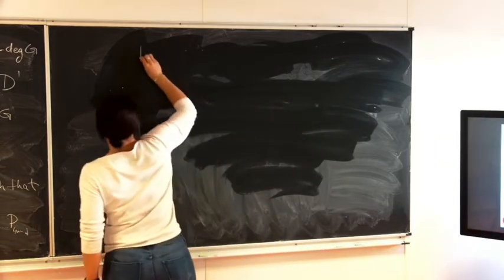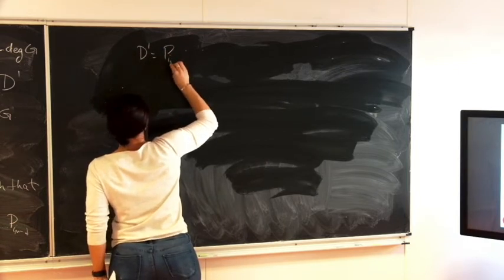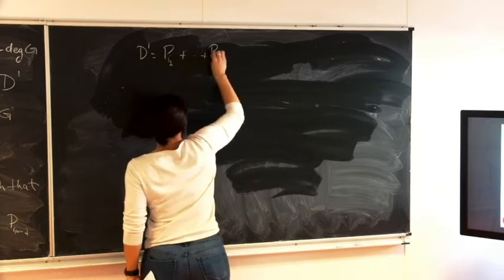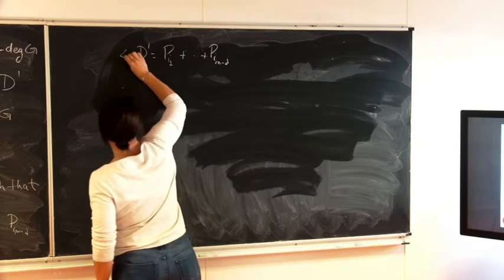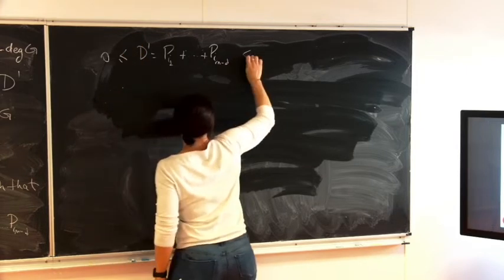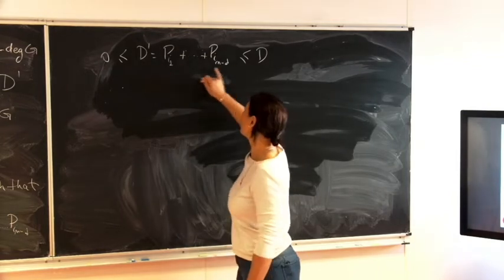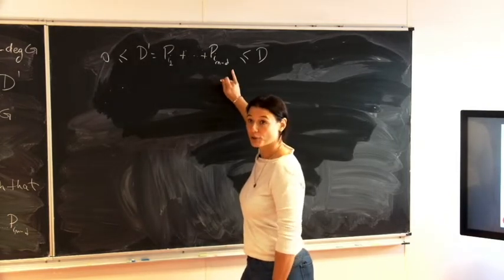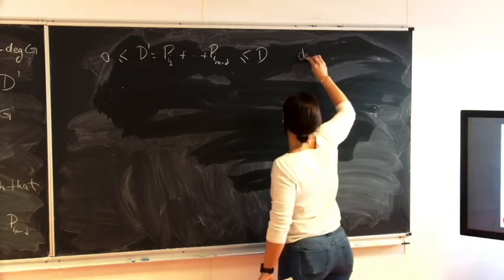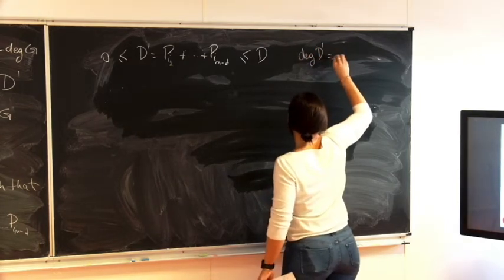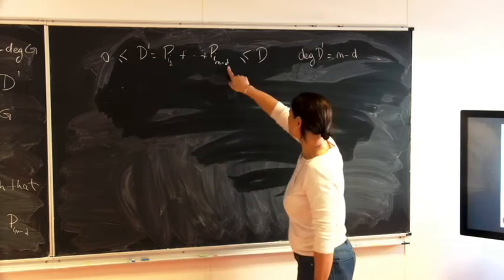So now, I define D prime to be the sum of these places, P_i1 plus up to P_i(n minus d), which is an effective divisor, and of course less or equal than D, because I'm not taking all of them, but n minus d of those. And the degree of this divisor is n minus d.